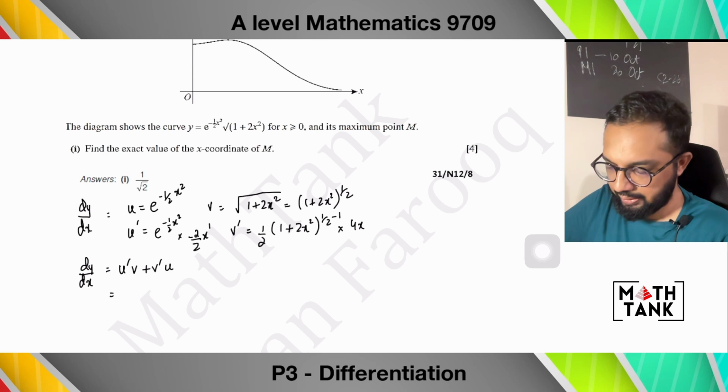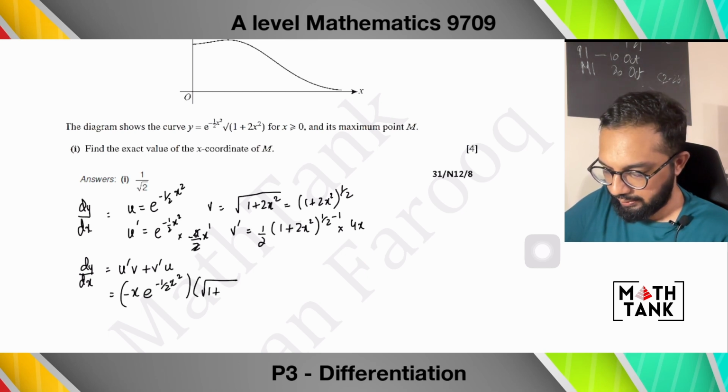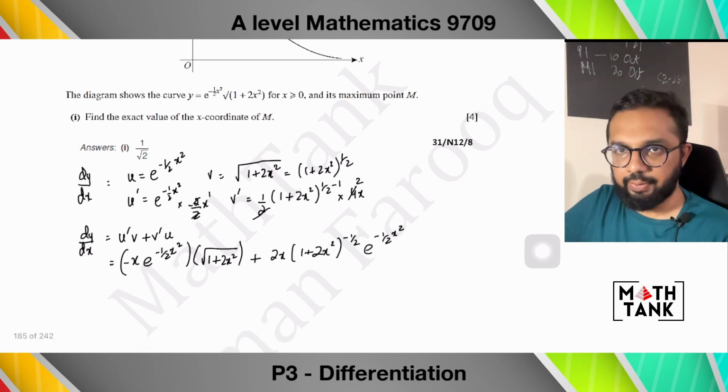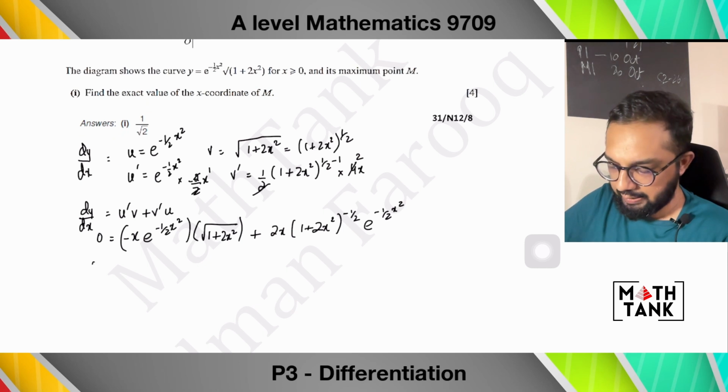So u dash is minus x e power minus half x square, u dash v plus v dash u. From this, then I can see that there is something common, which is e power minus half x square.